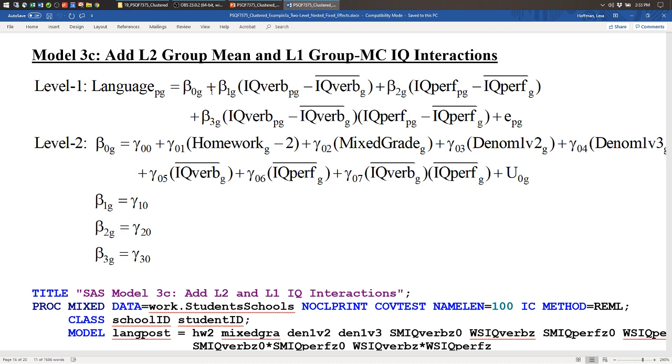It starts with 3, and it's the first term, so the second subscript is 0. And likewise, I have gamma 07 right here for the school mean IQ verbal times school mean IQ performance. So gamma 07 is an interaction in the level 2 equation. Gamma 30 is a level 1 interaction.